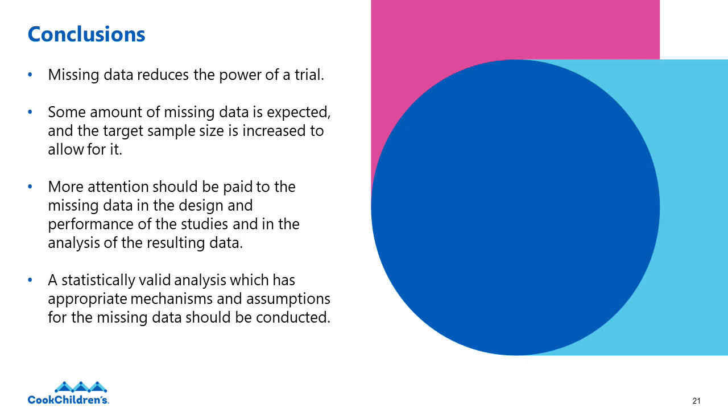A statistically valid analysis, which has an appropriate mechanism for assumptions for the missing data, should be conducted. Single imputation and last observation carried forward are not optimal approaches for the final analysis, as they can cause bias and lead to invalid conclusions. All variables which represent potential mechanisms to explain the missing data must be included, even when these variables are not included in the analysis.